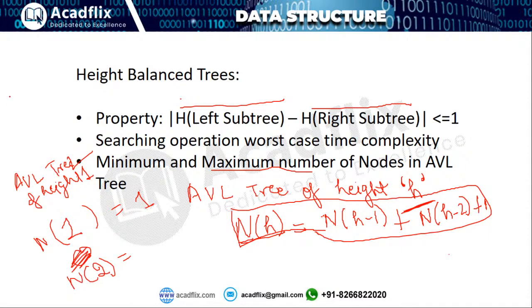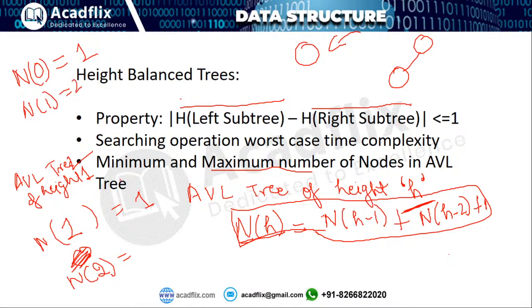This is an AVL tree of height 0 and it has only one node. And this is an AVL tree of height 1 and it has only 2 nodes. So n of 0 is equal to 1 and n of 1 is equal to 2. So this becomes my base case.